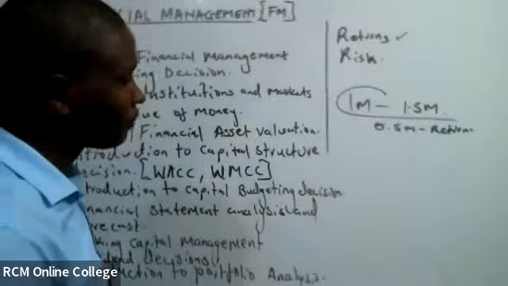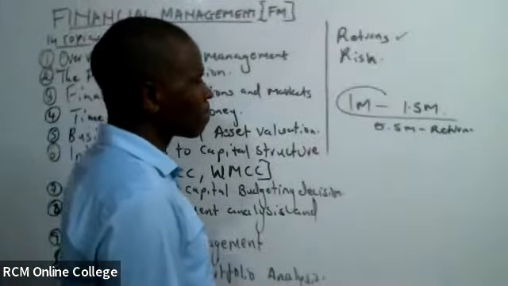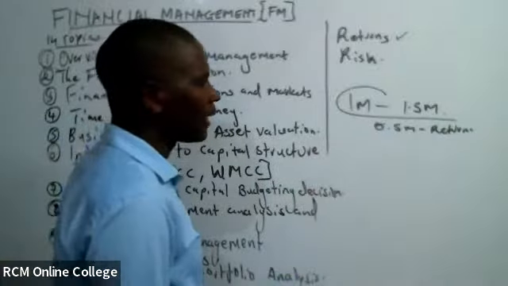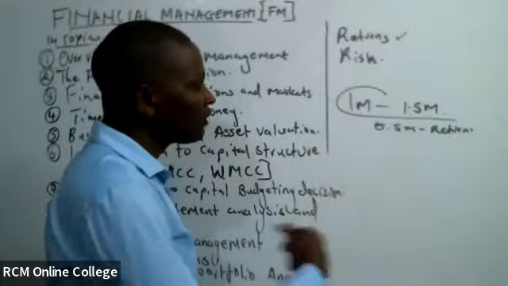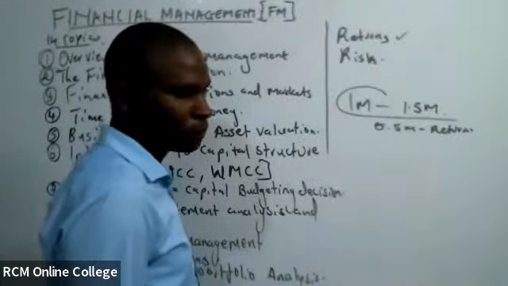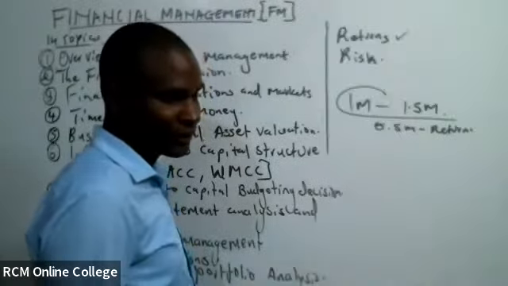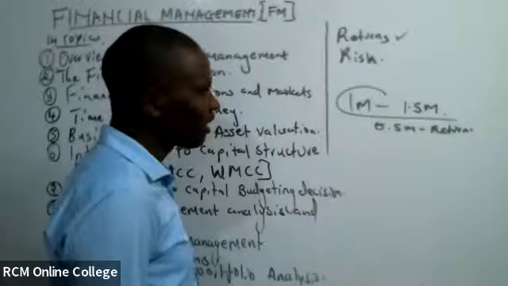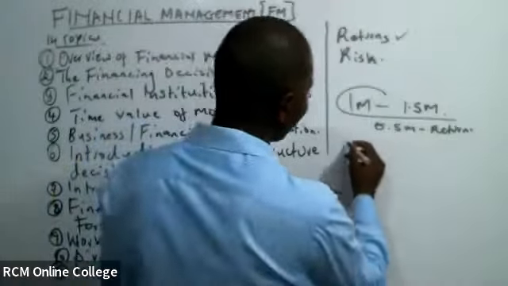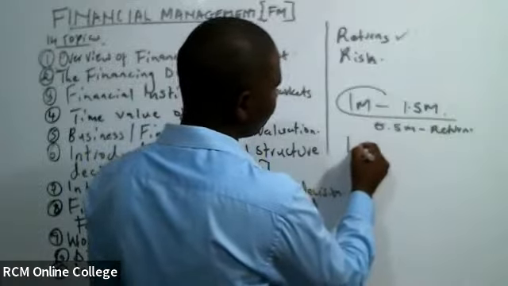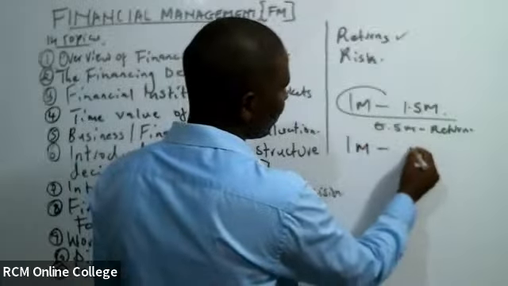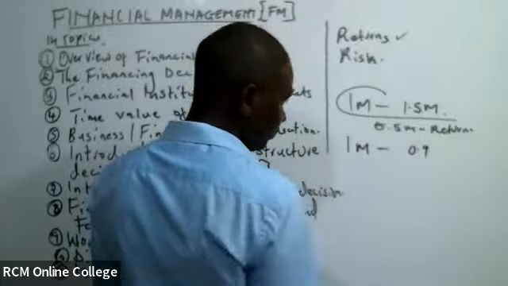In business, we cannot be static here and say that we will always get returns. No. Sometimes you get loss. Whatever that you expected, you're not able to achieve that. So 1 million and we get 0.9.